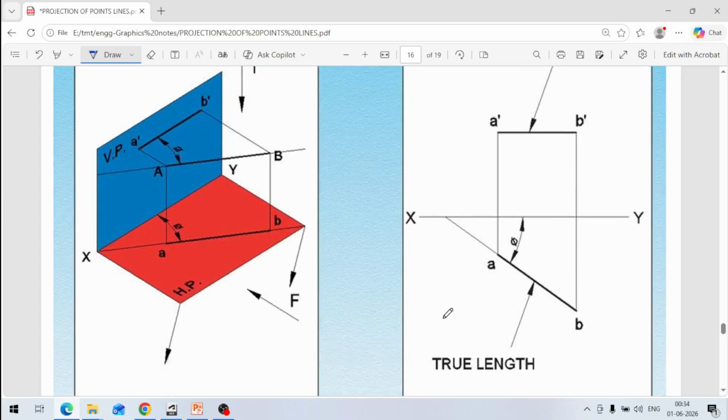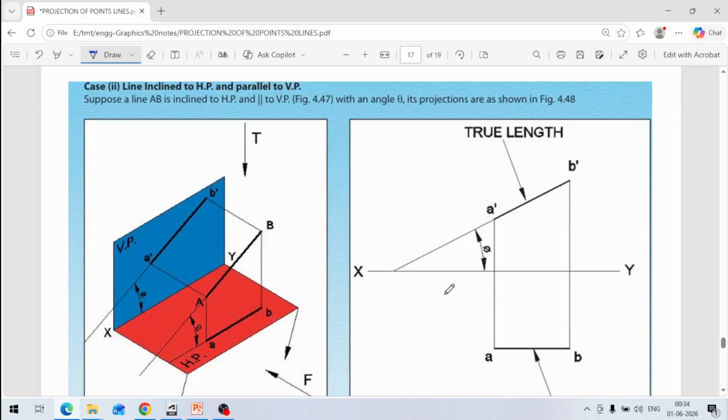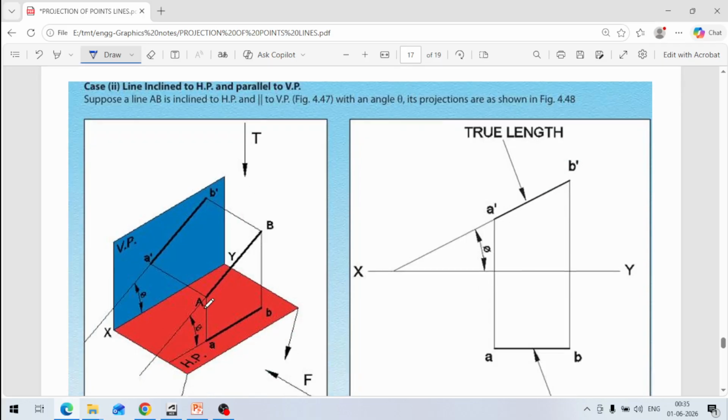Okay. Then the next case is a line inclined to the horizontal and parallel to the vertical.